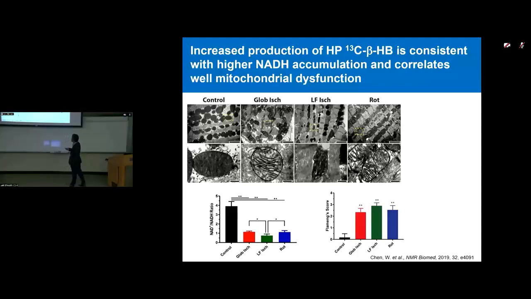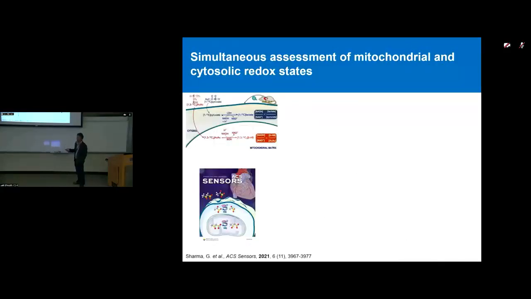We also expanded this work and look and see if we can actually measure the redox state or the redox changes both in the cytosolic compartment, which is something we haven't done before, and in the mitochondrial compartment at the same time.